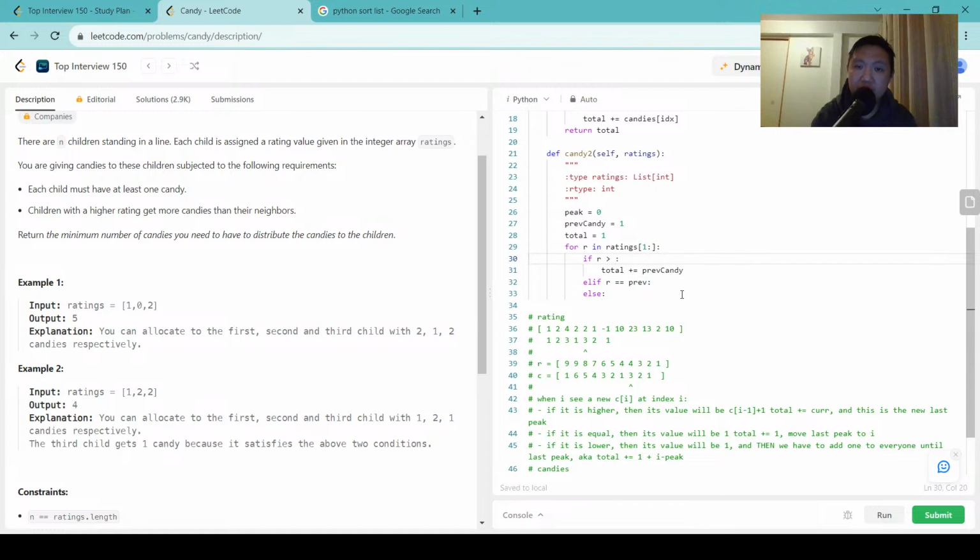Equal ratings. You know what? I'm gonna do this instead. Enumerate. If IDX, if value rating is larger than prev, ratings IDX minus 1.